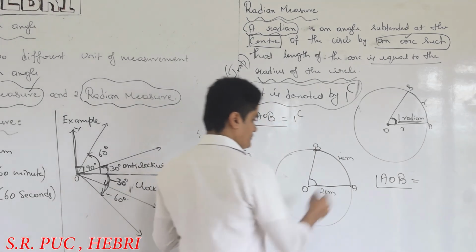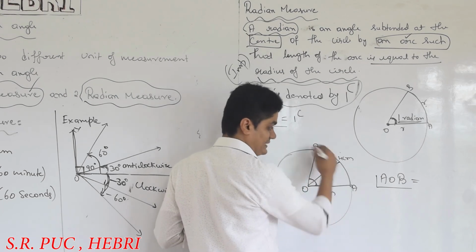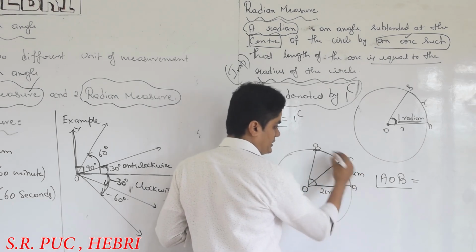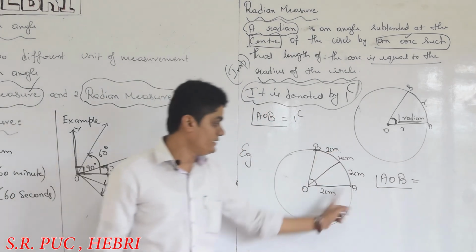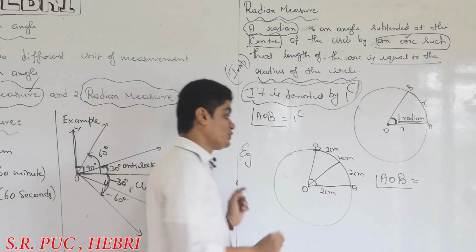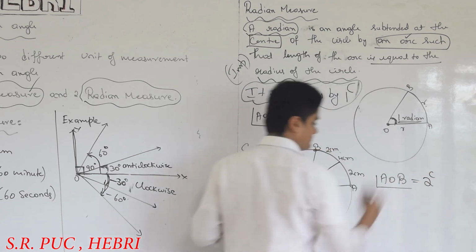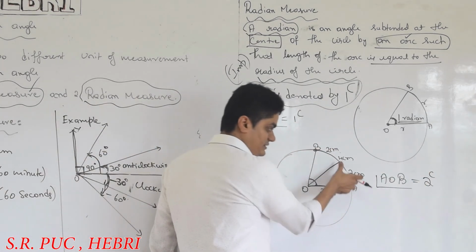Okay, I'll help you. Divide this arc into 2 parts, exactly bisect the arc. Then this will be 2 centimeter and this will be 2 centimeter. Now can you tell me what is the angle AOB? Yes, exactly right. What is the answer? 2 radian. Why is it 2 radian? This is 2 centimeter, this is also 2 centimeter.